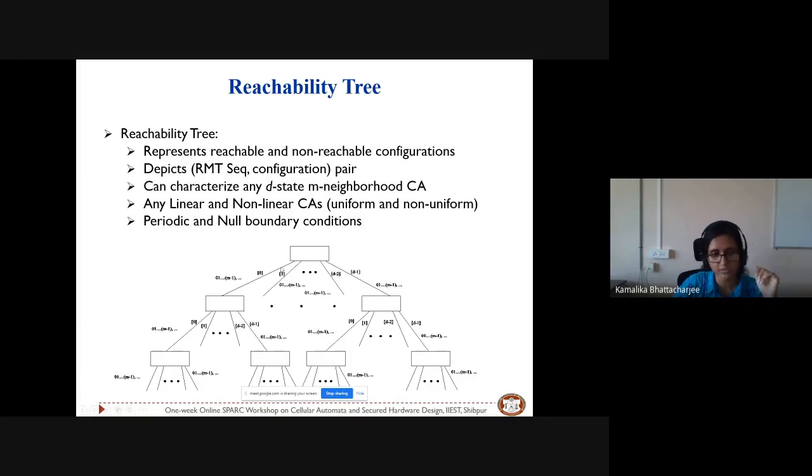So, any edge sequence from this root to the leaf will represent one configuration of the CA. Now, as the name reachability tree signifies, we are specifically interested in representing the reachable configurations. And you will see that if we just draw the tree, at a glance you can see all reachable configurations and the configurations which are not reachable, that is, the configurations which don't have a pre-image. All configurations will be combined.